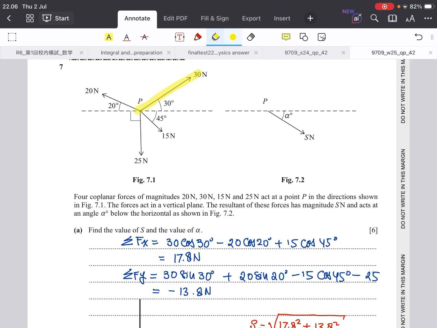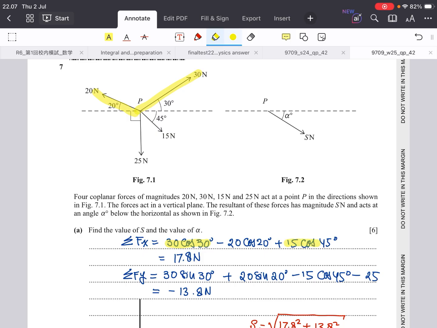So this one is F1. F1x is 30 cos 30 degrees. And then this one is F2. As you can see, the direction of F2 in x direction is to the left. That's why I put negative there.